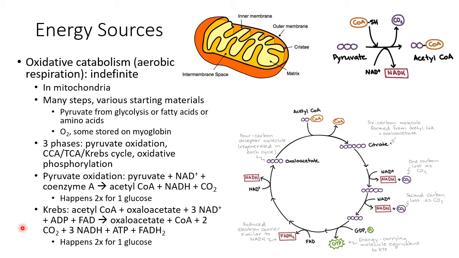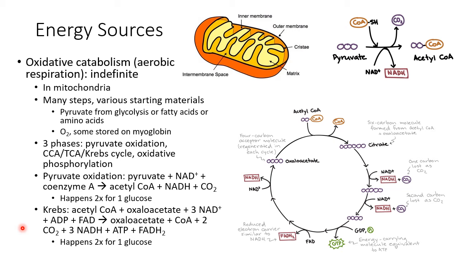That would be like if you're starving, and then your body would switch to surviving off of fat or protein. What that means is that it would be breaking down the fats or the proteins to make fatty acids or amino acids, and then using those things to make ATP in oxidative catabolism instead of glucose.